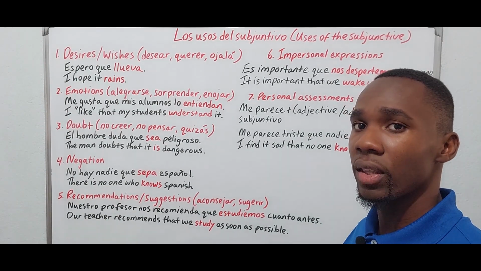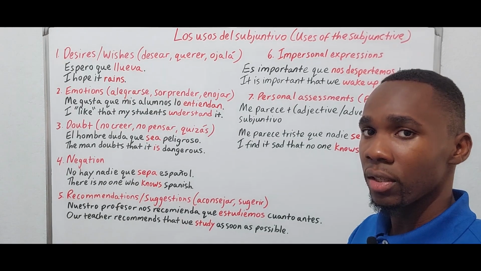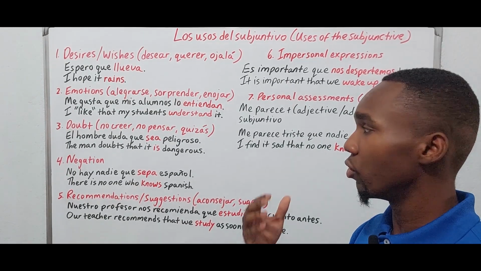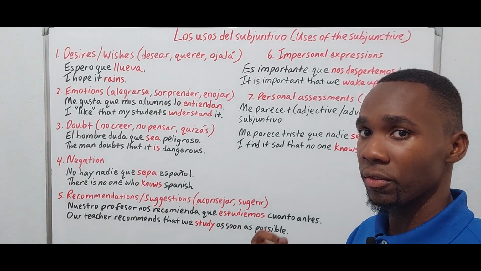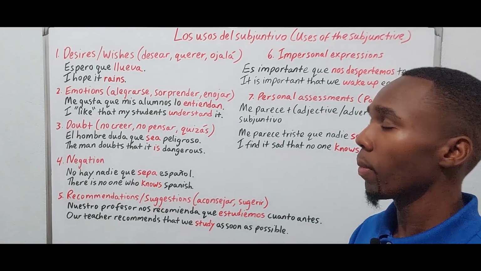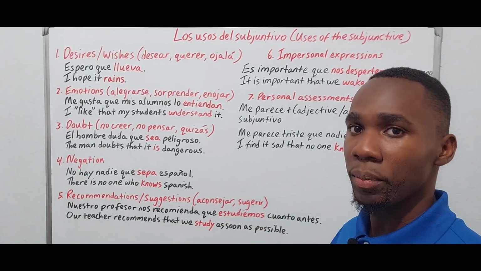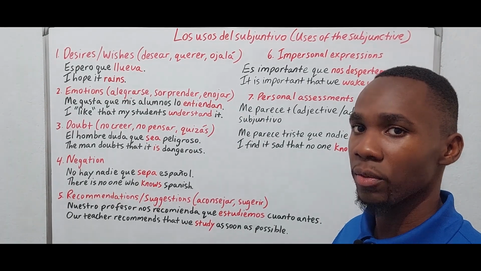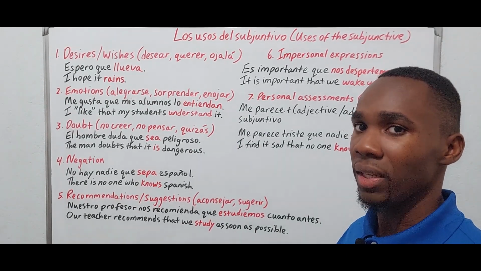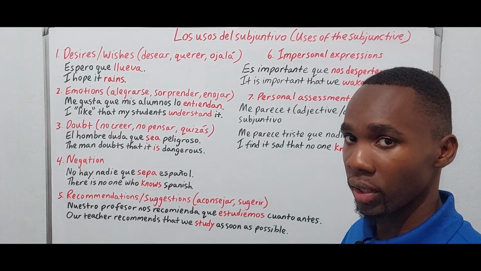Now I must mention that this video is not going to concentrate on the formation, but it is going to concentrate on the context in which the subjunctive is required, okay? And for the most part, this will be the present subjunctive because there are other subjunctive forms but we'll get to those in the future. But these are the general contexts in which the subjunctive is required, okay?